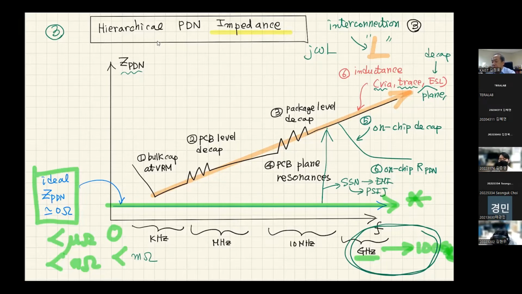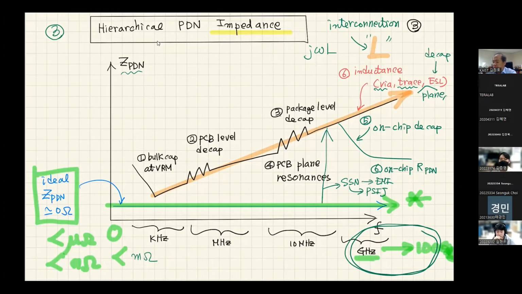If you are violating the EMI spec, you cannot sell your system or your semiconductors. Your customer will be complaining. And if you have too much PSIJ, you cannot meet the performance of your computer system, especially for machine learning or metaverse computers.